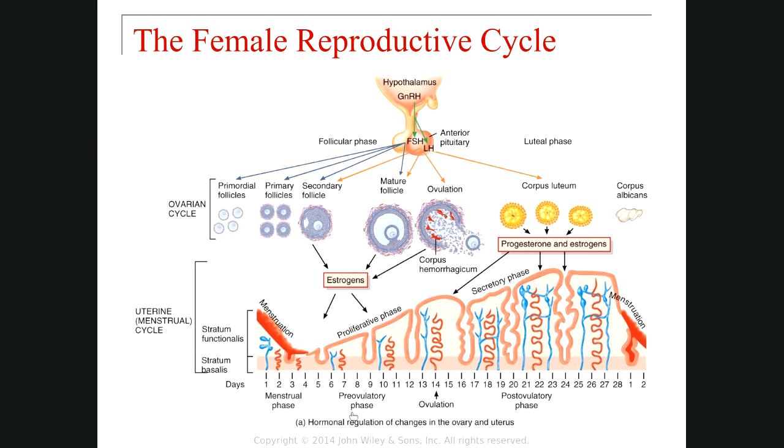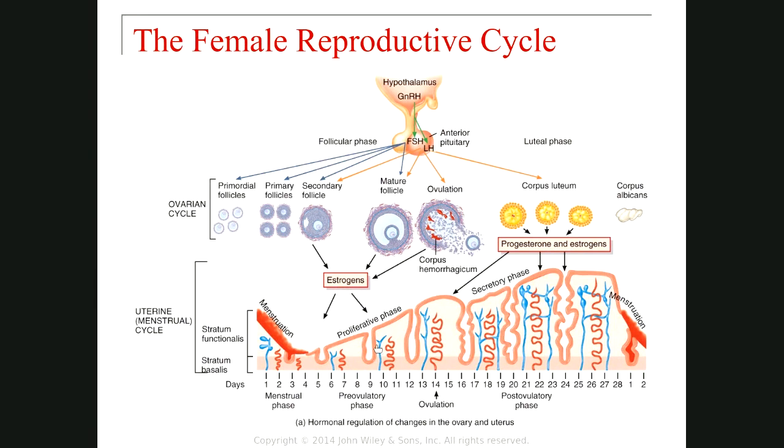The other name of the periovulatory phase in the uterus is the proliferative phase. Estrogen, which is secreted by the growing follicle into the blood, can stimulate the repair of the endometrium, as you see in this picture. Cells of the stratum basalis undergo mitotic division and they produce a new stratum functionalis.